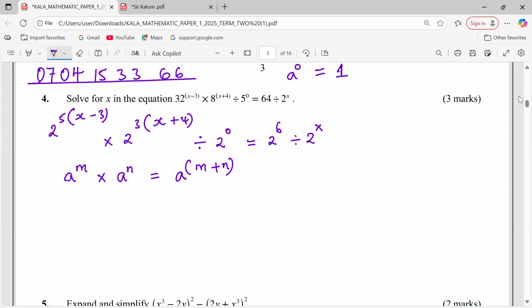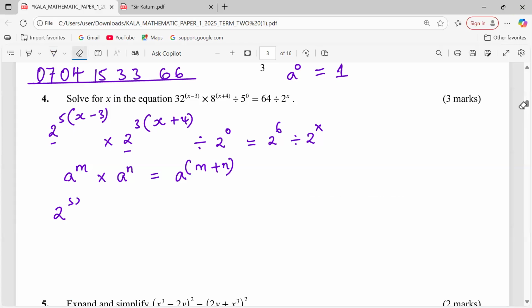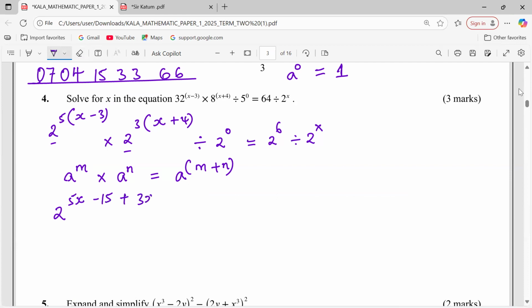Therefore, we can take 2 from the left, then the powers are added for the first and second terms. We add the powers, such that 5x minus 15, then we add 3x plus 12.